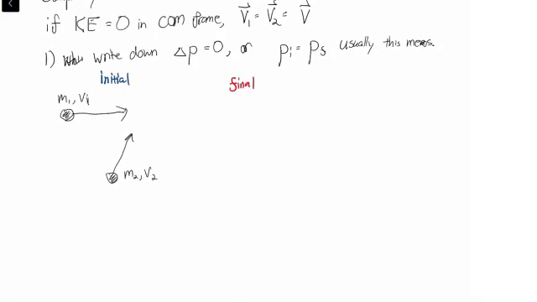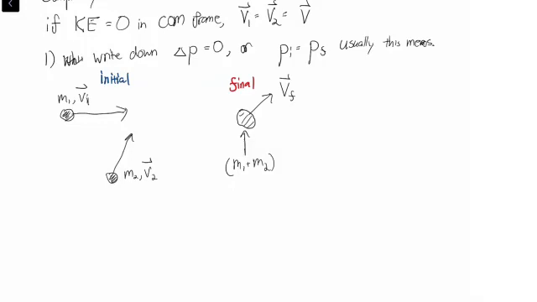The final condition is going to be some mass M1 plus M2 going with some velocity V final.